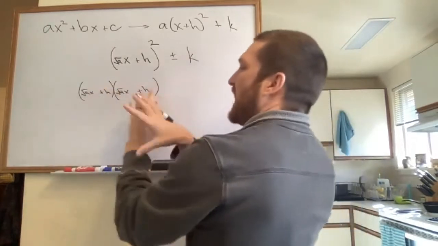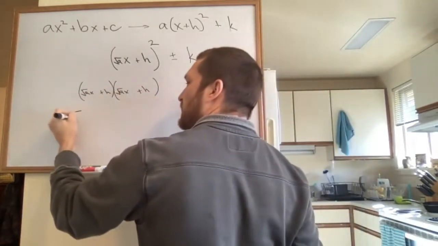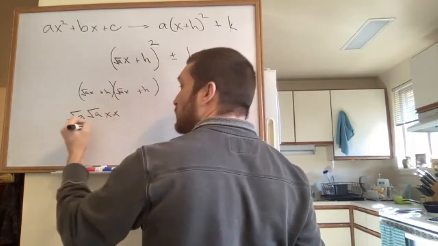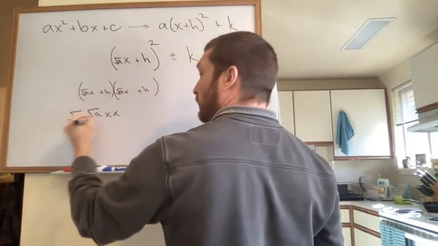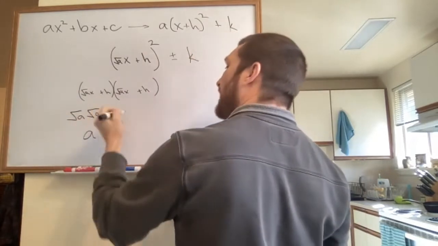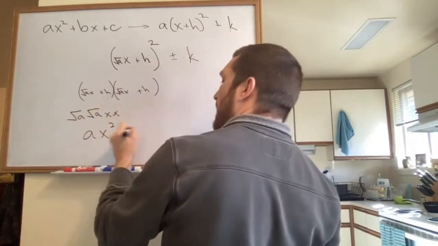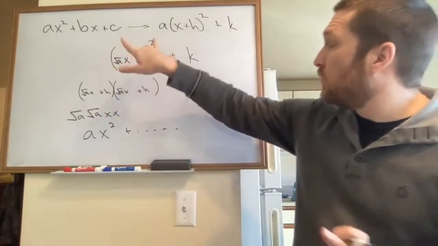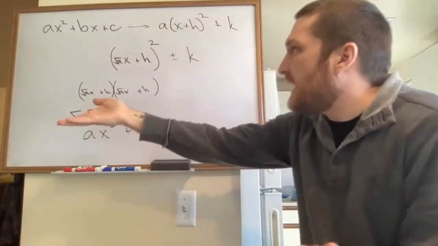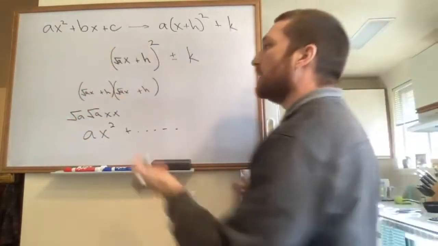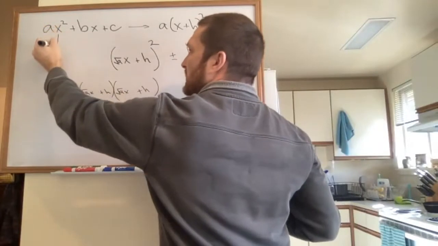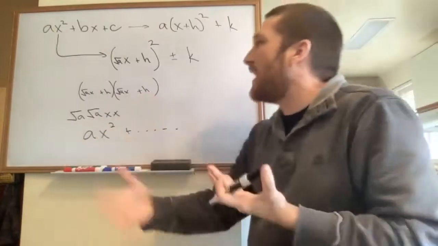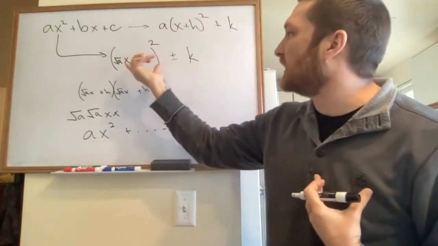And when you do first, outer, inner, last, your first would be root a times x, and you would get the first thing that you're looking for. Root a times root a comes out to a. x and x come out to x squared, and some other stuff, blah, blah, blah. And we might think, well, logic dictates that we take this route instead. I say obvious, but this is the way I would start with something like this.